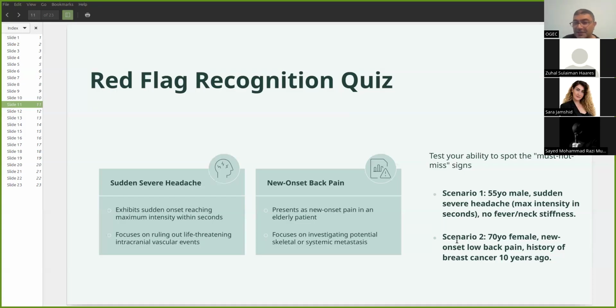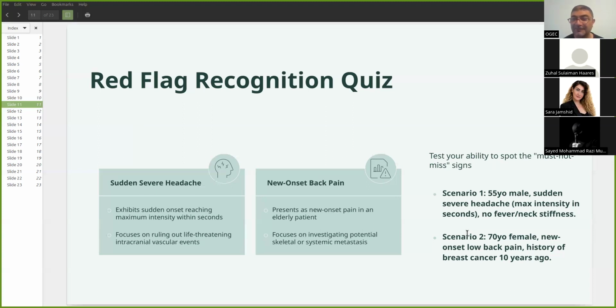The other scenario is a 70-year-old female, new onset low back pain, history of breast cancer 10 years ago. What are the red flags in this? History of breast cancer 10 years ago, and also new onset low back pain. Thank you. Do we have any other red flag?